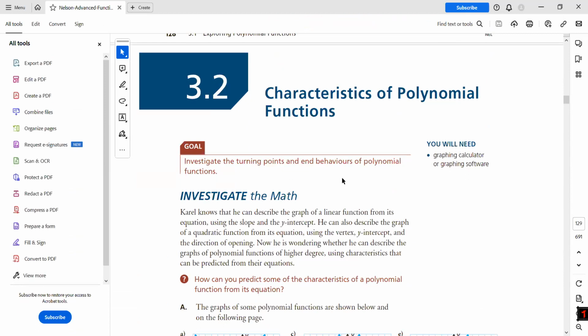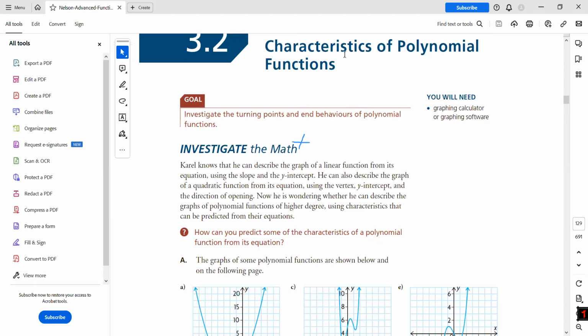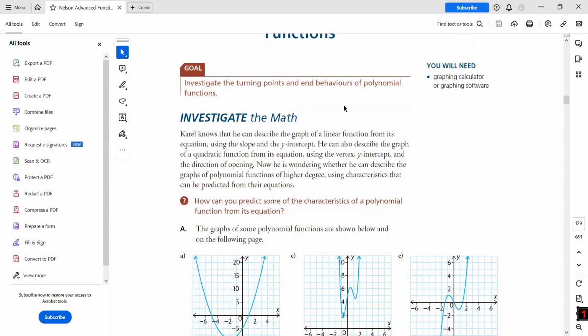I already talked about it in the first part of our class, about the leading coefficient. Remember, if the leading coefficient is negative, the function is facing downwards. If it's positive, the standard function is facing upwards. This is one of the characteristics of polynomial functions, but only one of them.